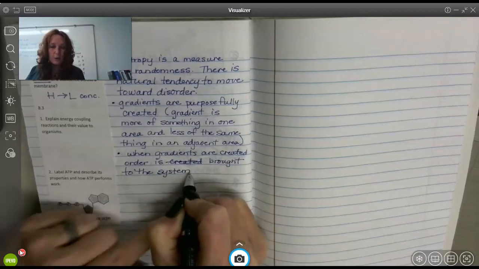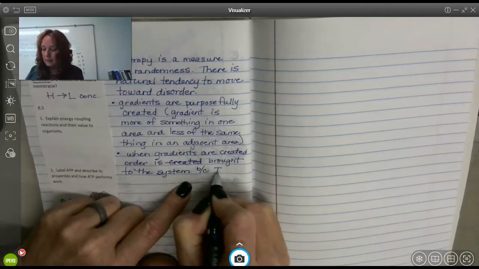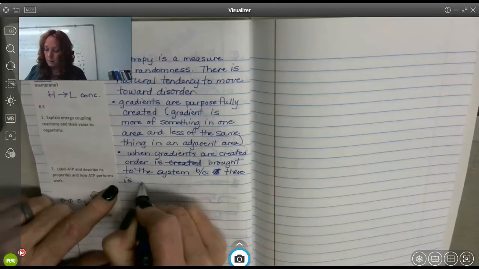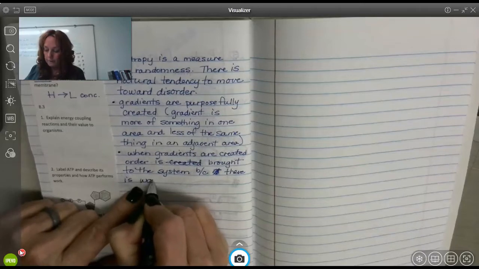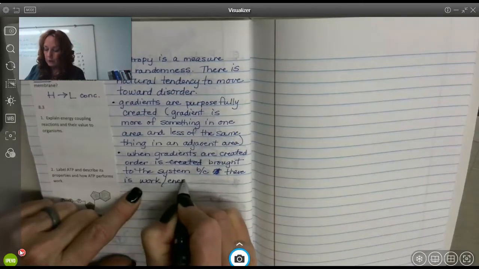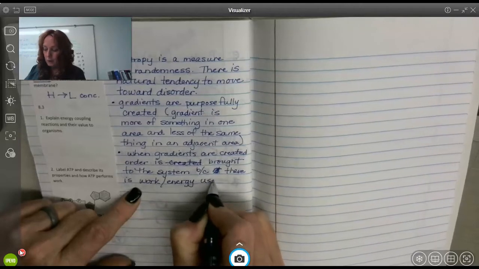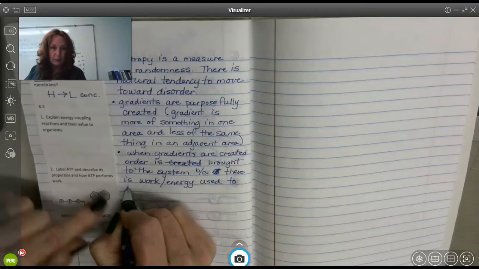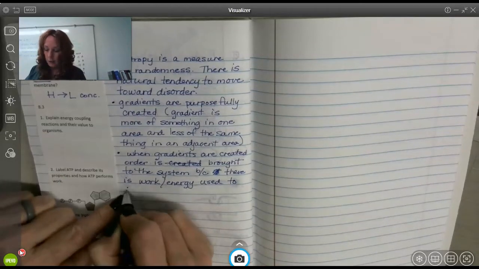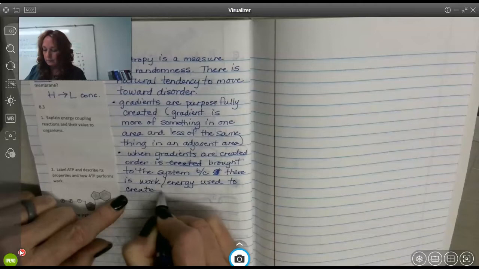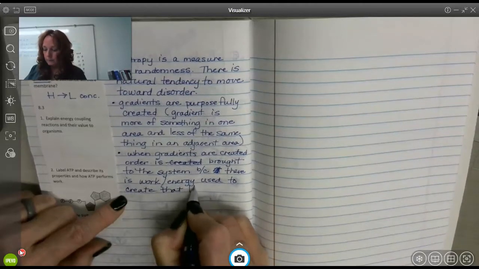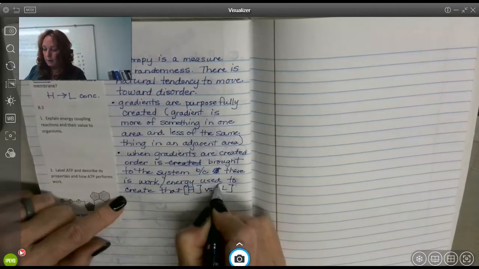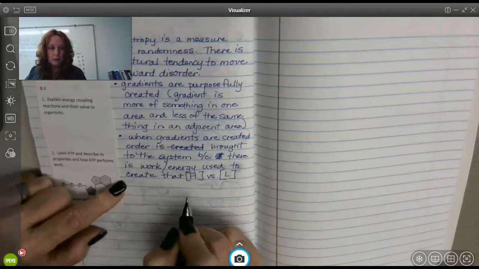And the reason you would think about it is because there is work or energy used to create that difference, that high and that low. So that high concentration versus the low concentration, right? So that was purposeful.